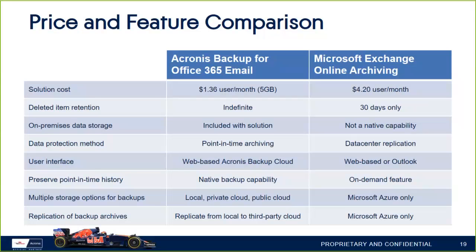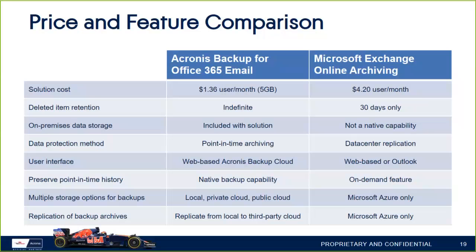For the user interface, Acronis has a web-based user interface, and Exchange is the same, but you can use Outlook to control it as well. So point in time, we natively have that capability, but for Exchange Archive, it's based on demand. As for storage, Acronis has multiple storage options.